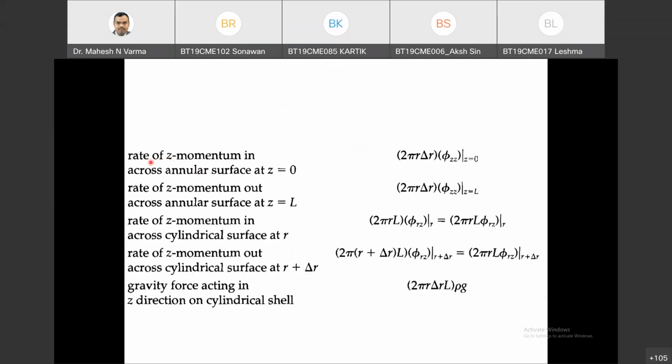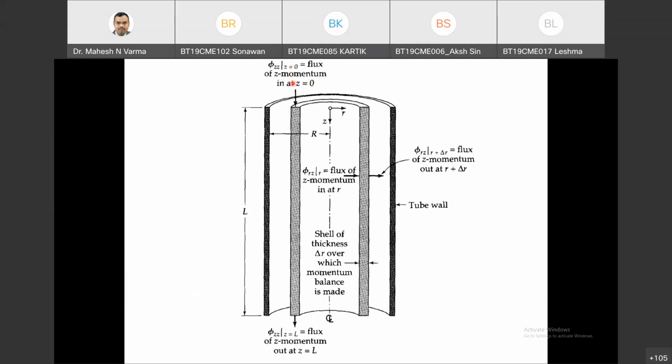This is the rate of z momentum, because I have z velocity. The z momentum coming in across the surface at z equals 0, which this arrow I am talking about, is z momentum coming into my differential shell in the z direction.